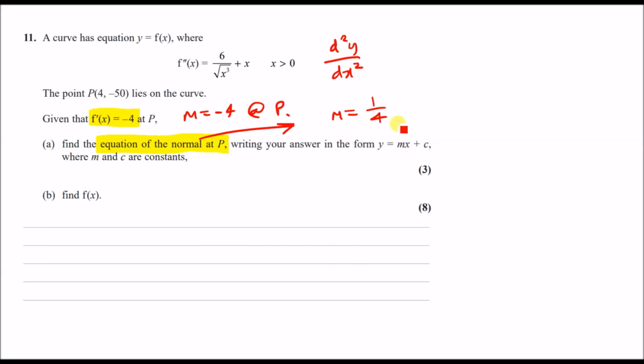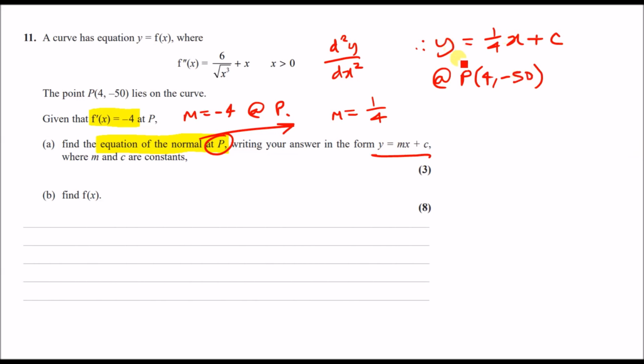Now, to do this one, since we've got most of the equation, writing in this form, we have y equals a quarter x plus c. Since we're interested in the equation at point P, we just plug in the P coordinate to find c. At P, which is (4, minus 50), we plug in 4 for x and minus 50 for y.